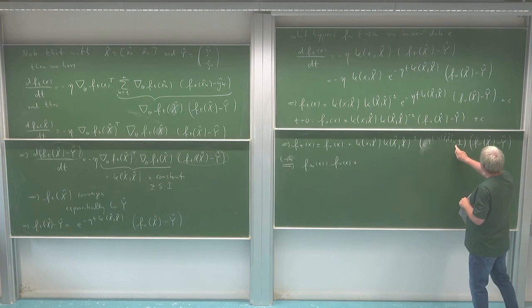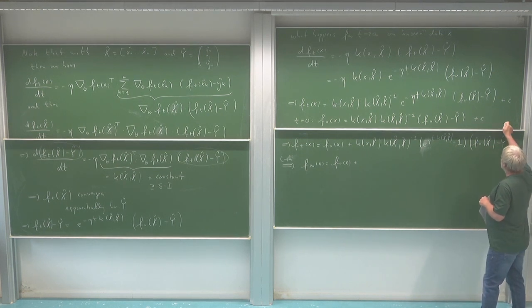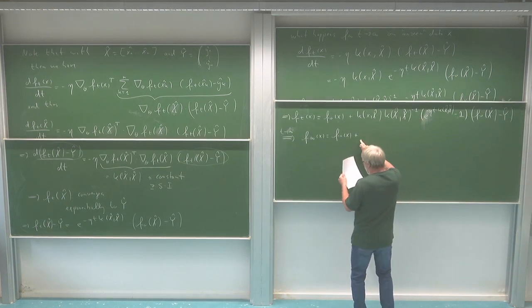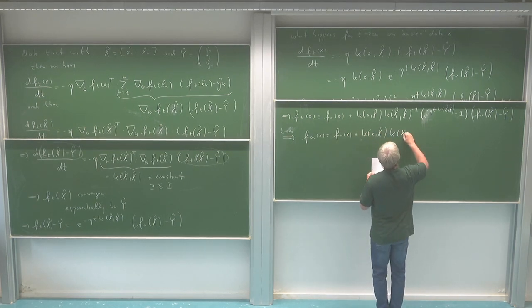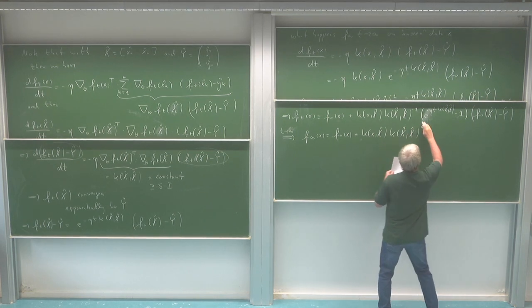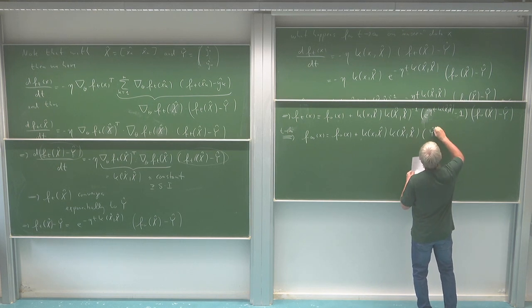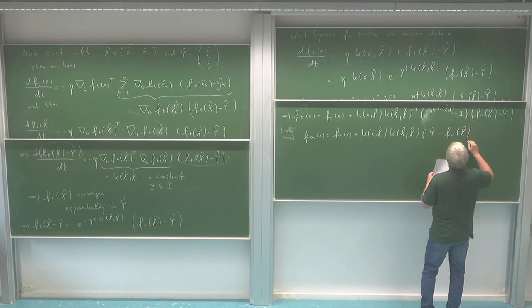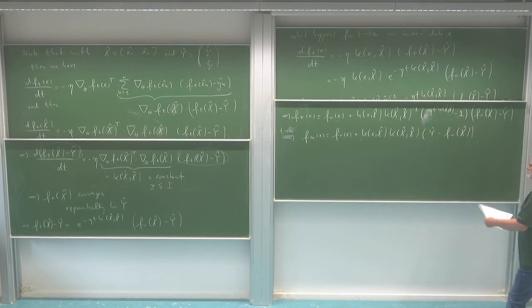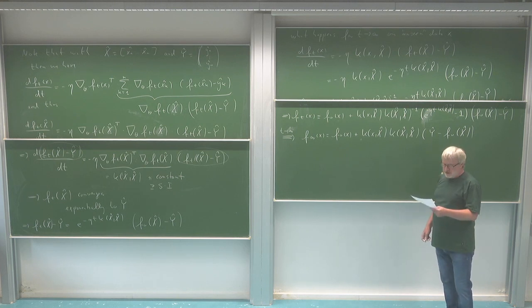Maybe I do this by exchanging here, writing this the other way. So I put here a plus, and then I have k of x hat times k of x hat inverse. This disappears, and this minus here changes this to y hat minus f0 of x hat. Okay, that's what is happening.